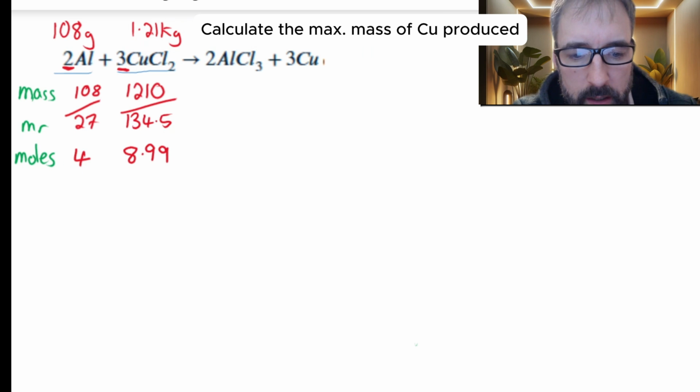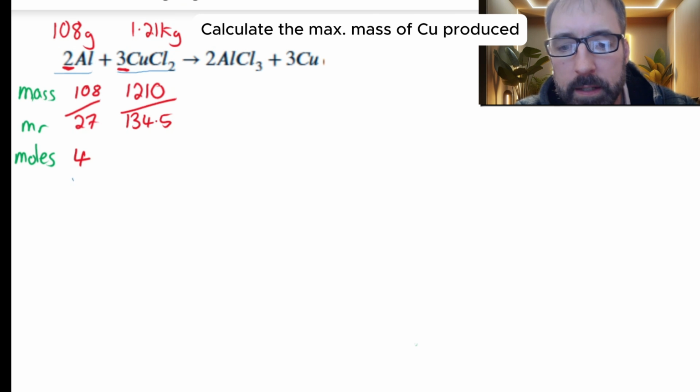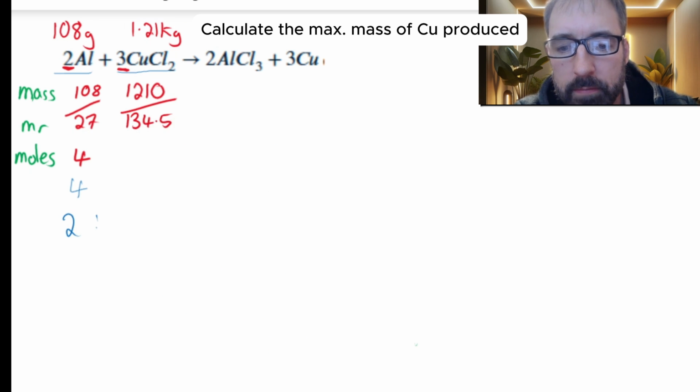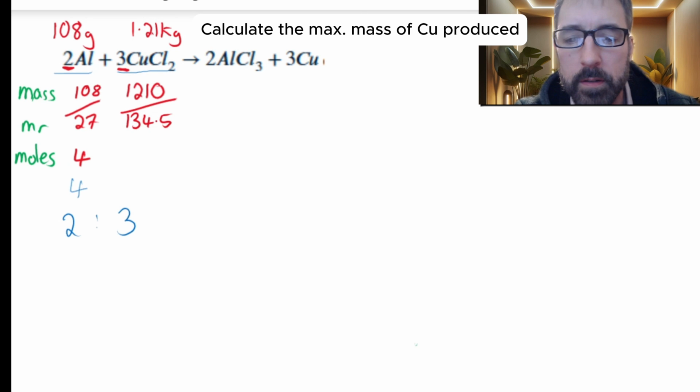Initially, what I want you to do is to forget that we've worked out our 8.99. And we're going to calculate how many moles this 4 wanted to react with. So if there's 4 moles of aluminium, because this is a 2 to 3 ratio, and we know it's a 2 to 3 ratio because we've got a 2 and a 3 in front of the aluminium and the copper chloride.